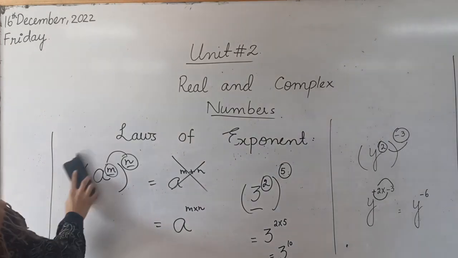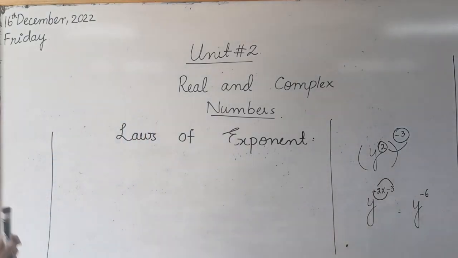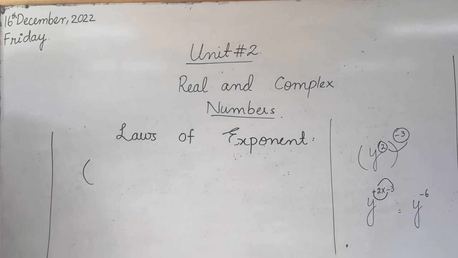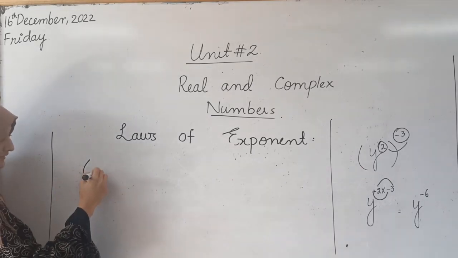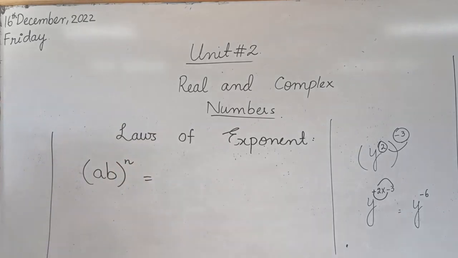Next law is, if I have two bases having a same power, common power, for example ab raised to power n, then what will we do? a and b, there are two bases and they are multiplying with each other.